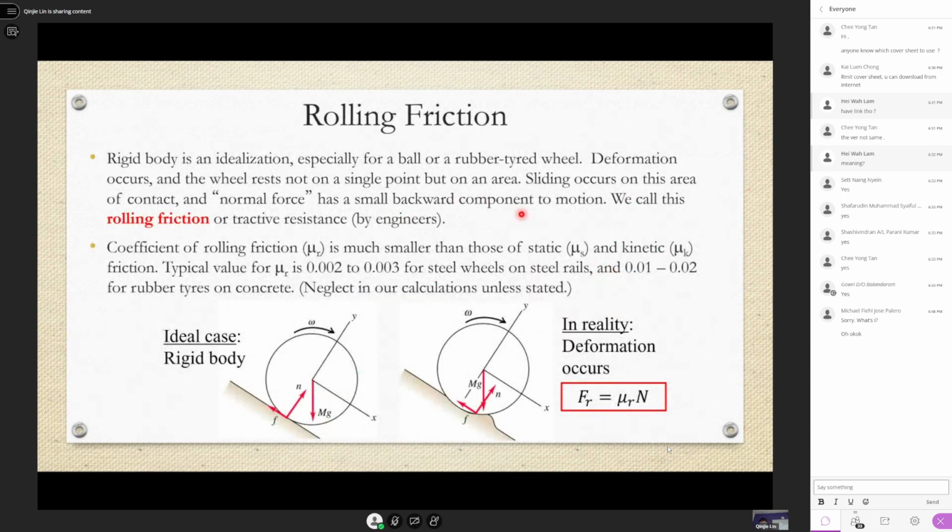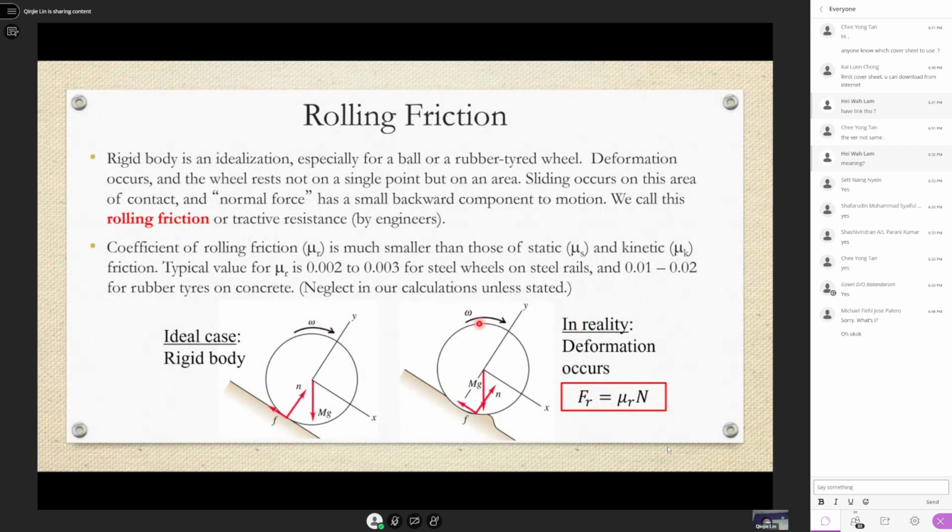So just a very brief idea of what rolling friction is, because you guys are engineers, right? So this thing is what you are going to see now. Okay, so rolling friction, I'm not going to read this out. Basically, what is rolling friction? The ideal case is you have an ideal ball, a very perfect one, on a very flat surface.